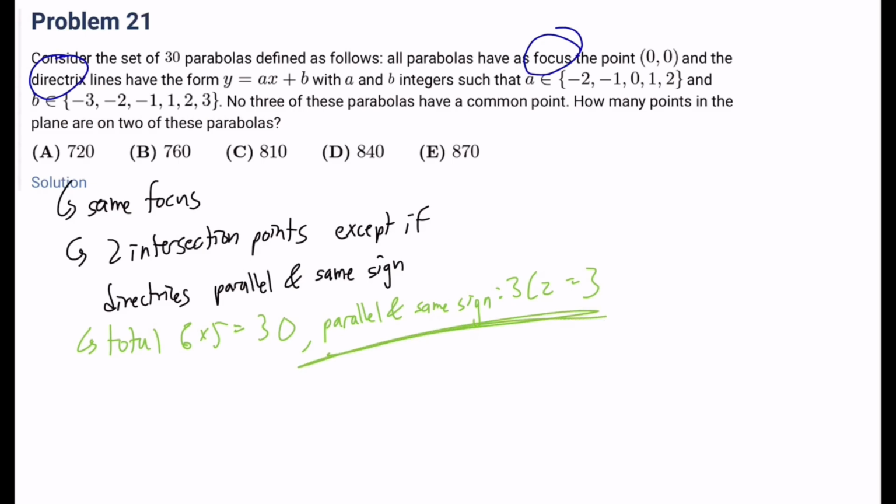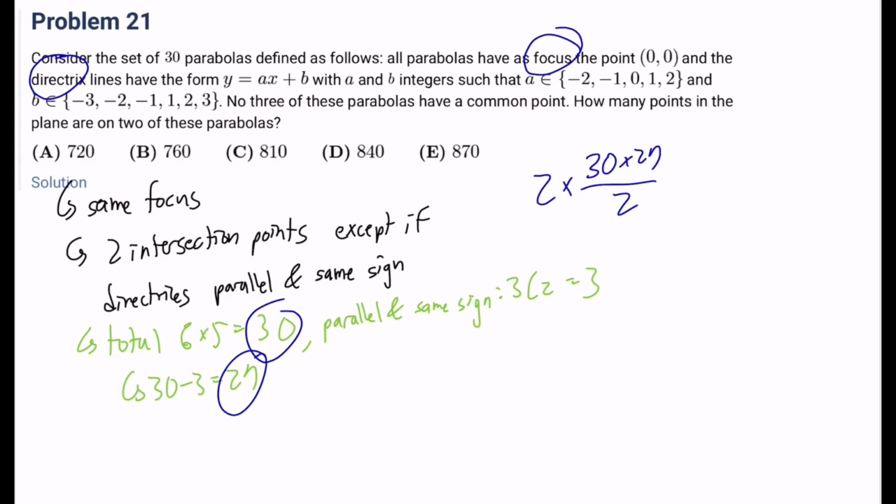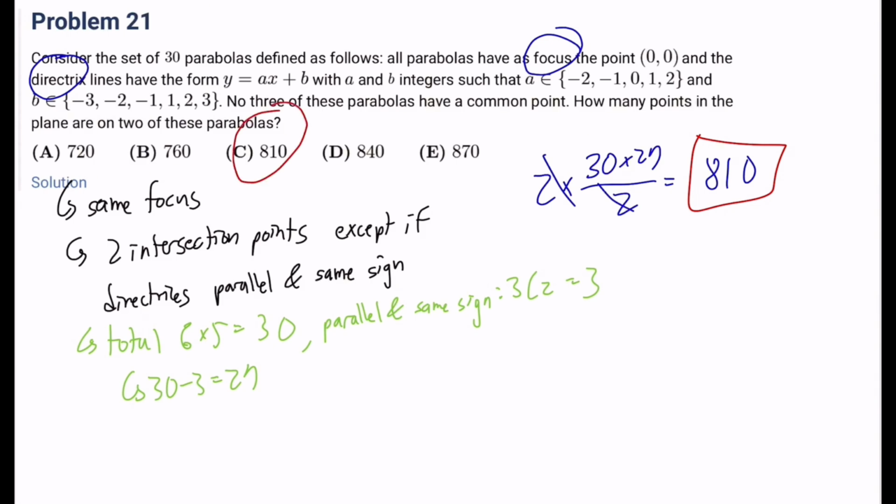This is when there's no intersection, so we subtract this 3 from 30. That's 30 minus 3 equals 27 pairs of intersection, since each one has 2 intersection points. So the number of points that are on 2 of these parabolas is 2 times 27 pairs, which is 30 times 27 over 2 times 2, which is 810, and that's our answer. So this is C.